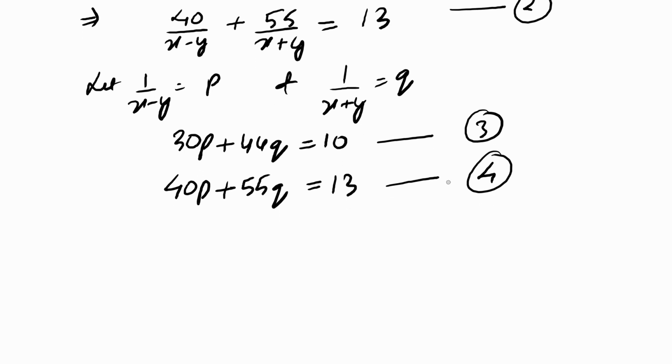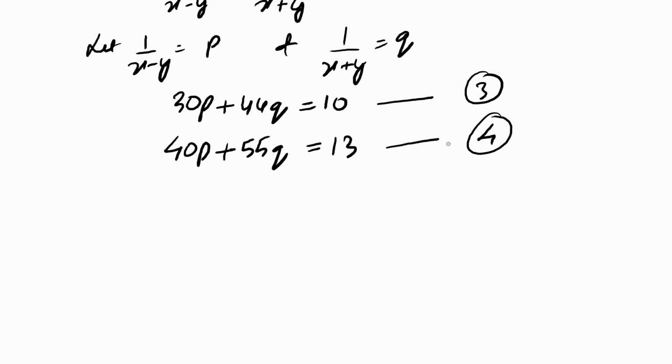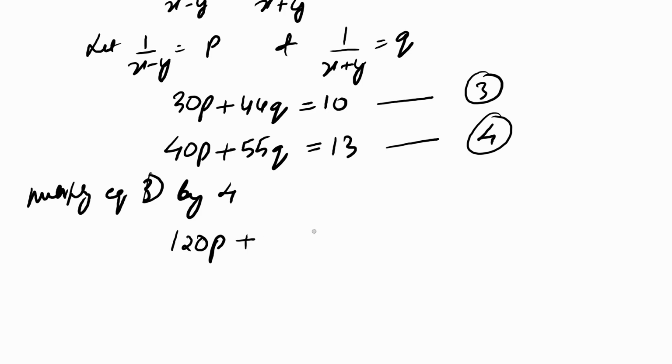So first we will solve for p and q. What will we do? We will multiply equation 3 by 4 and we will multiply equation 4 by 3. Multiplying equation 3 by 4, it will become 120p plus 4 times 44 is 176q is equal to 40.